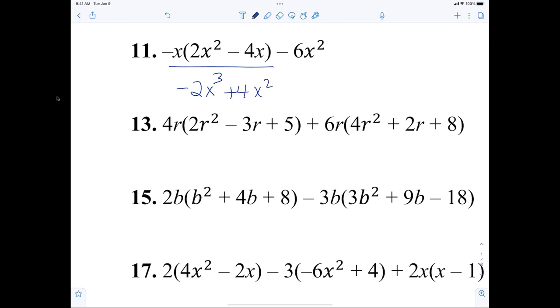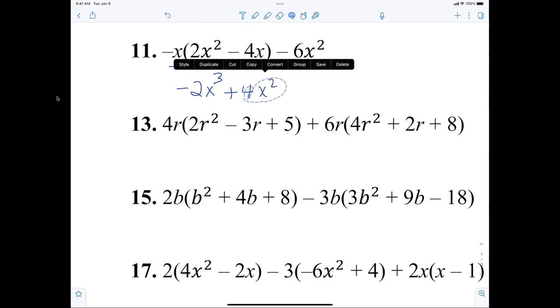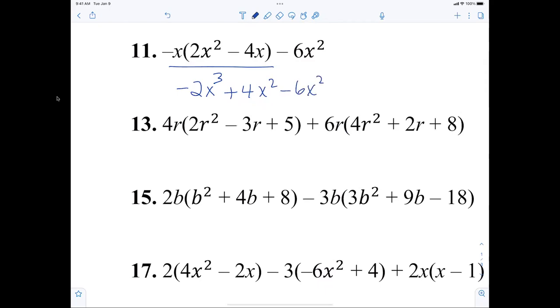Do we distribute to the negative 6x squared? No, of course not. Just do minus 6. Now we combine these two terms because those two terms have an x squared. Now tell me the answer, please. Minus 2x.